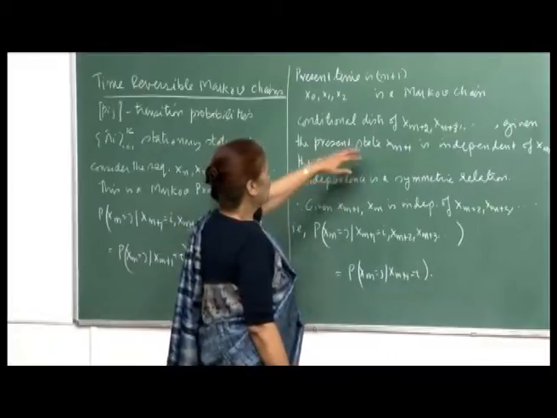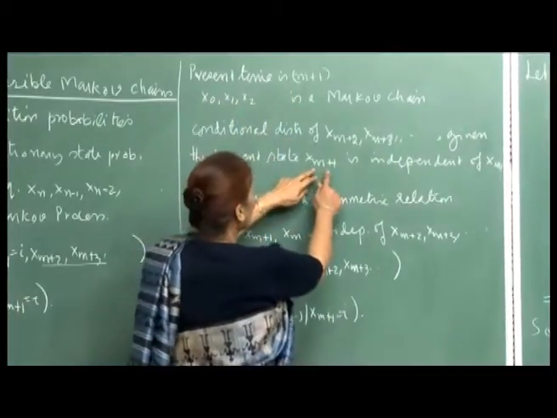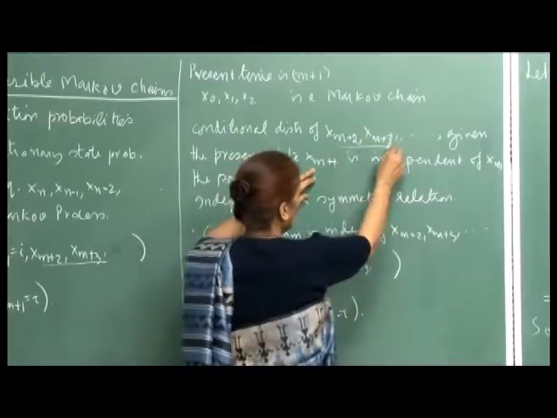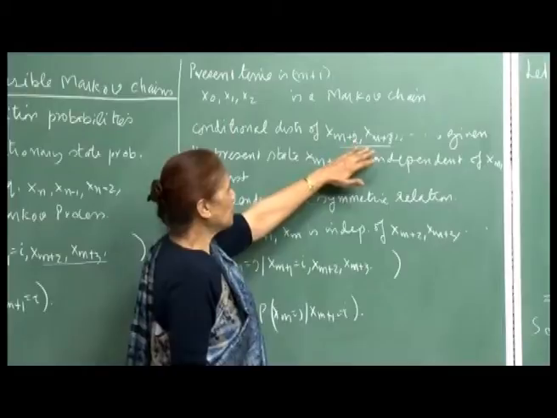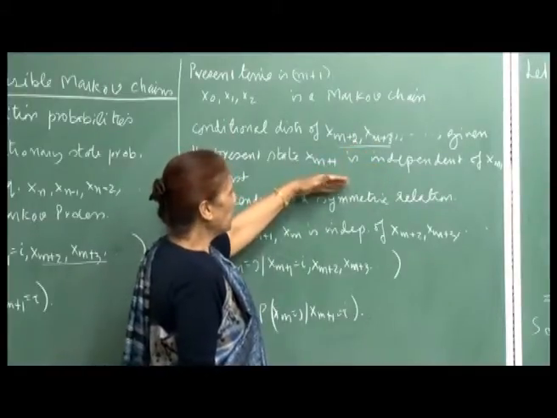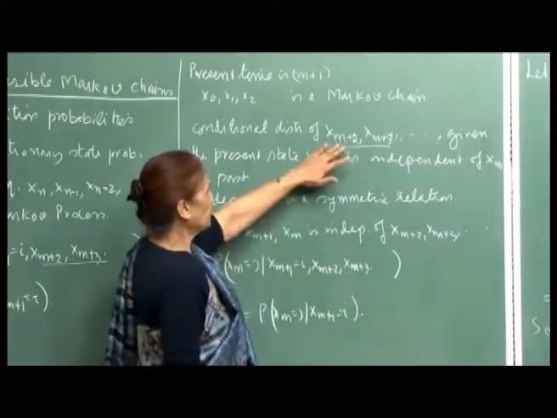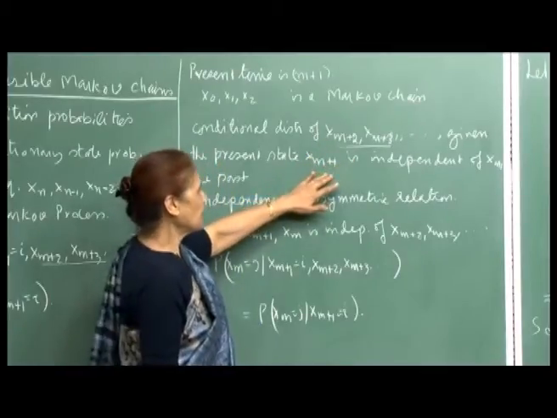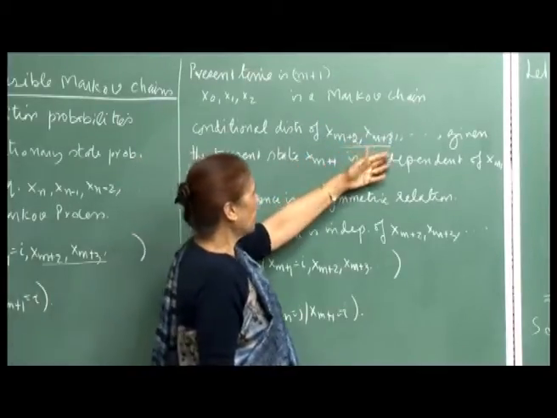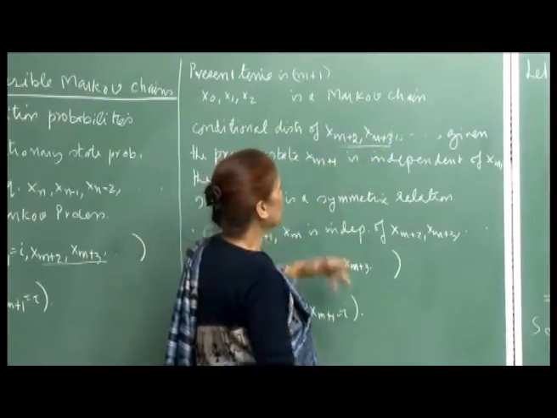Now, the conditional distribution of x m plus 2, x m plus 3, and so on, given the present state x m plus 1, by the Markov property does not depend on x m, because the conditional probability of whatever state is occupied at time m plus 2 depends on this, and then x m plus 3 will depend on x m plus 2, and so on.